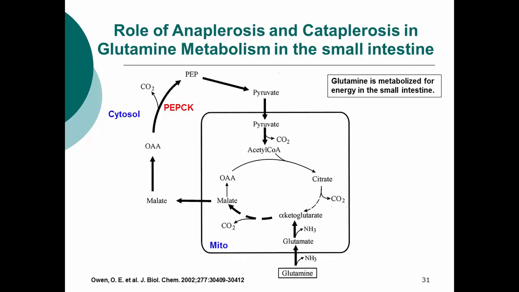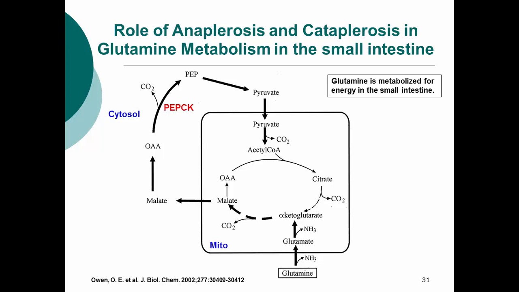And also glutamine metabolism in the small intestine involves the TCA cycle and anaplerotic and cataplerotic processes. And remember that we mentioned 80% of the energy utilized by the small intestine comes from amino acids, particularly glutamine and aspartate, right?